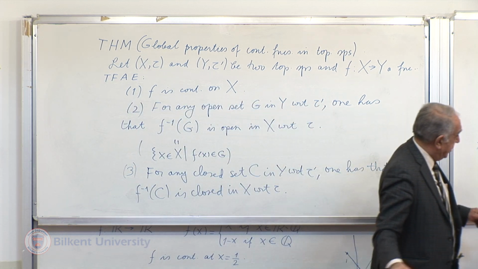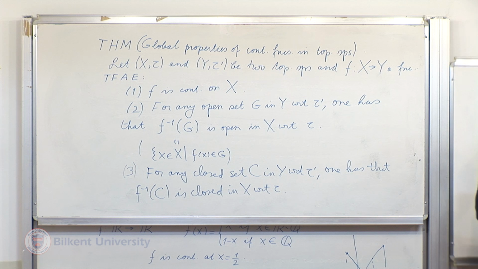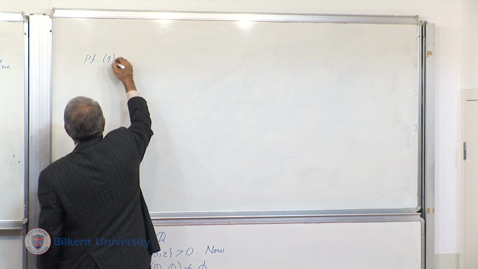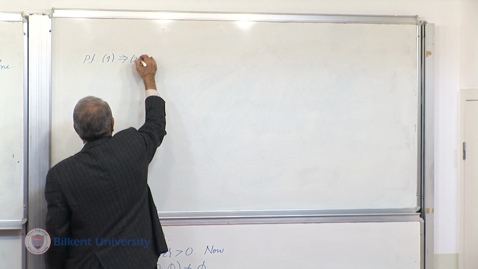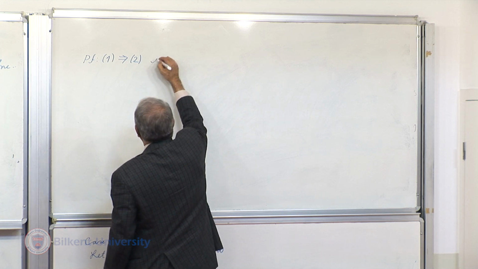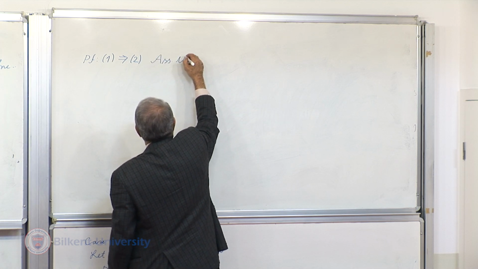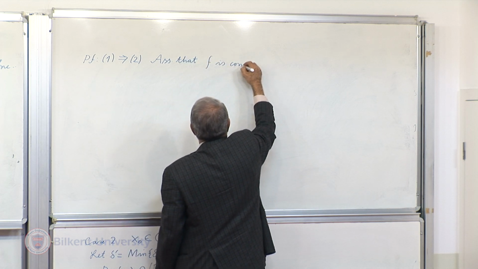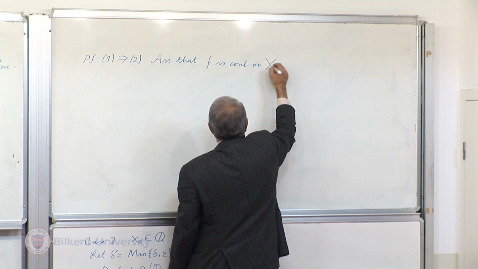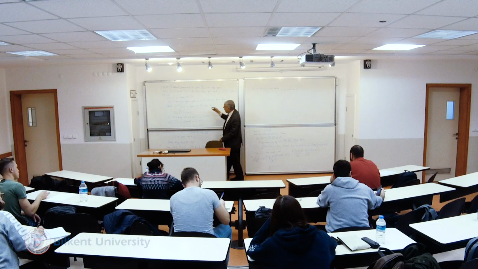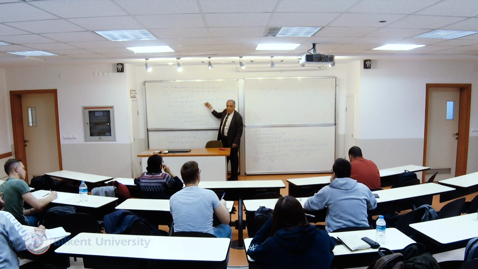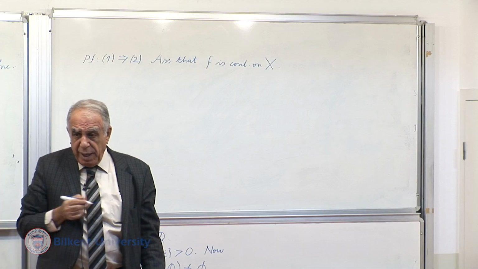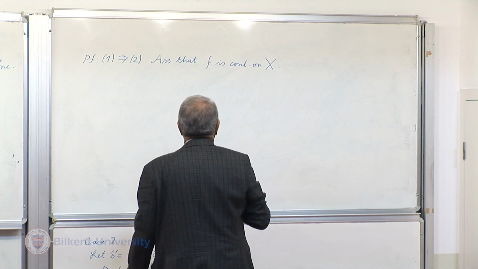Now let's prove this. One implies two. Well, let us then start. Assume that f is continuous on X. Now, to show that two holds, we need to start with an arbitrary open set G in Y. Let's do that.